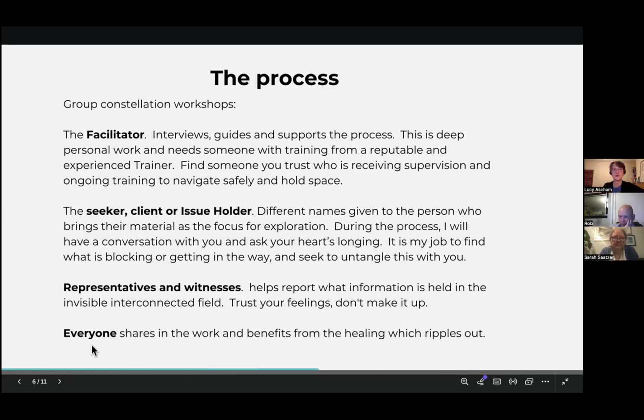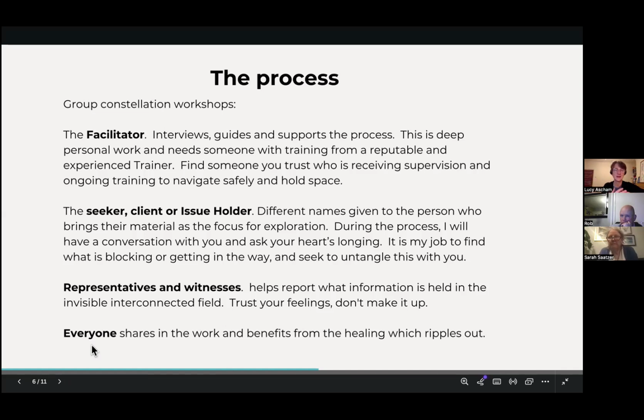Part of that is interviewing the person so that they can get clearer. They often come with lots of different situations, complex and slightly chaotic things. So it's my job to help them find a line, a way through, a starting point where we can start to explore together. And we do that in the constellation itself.